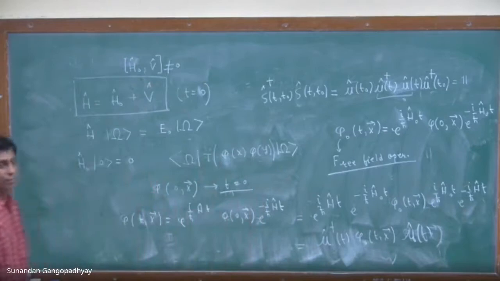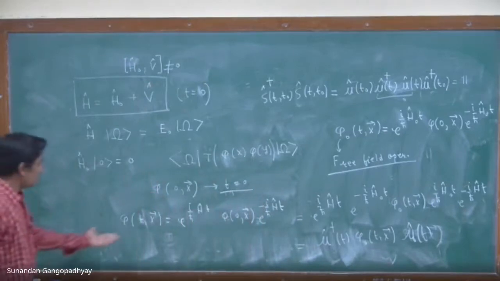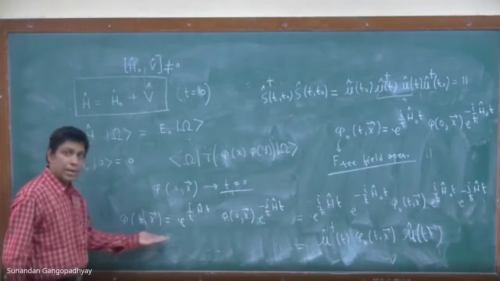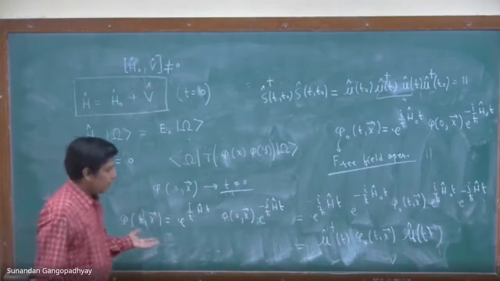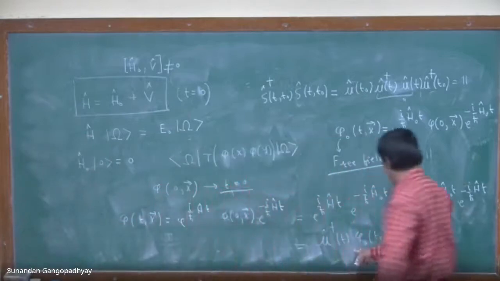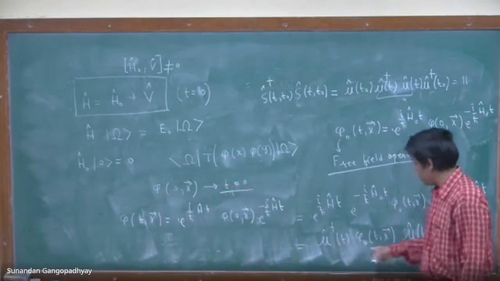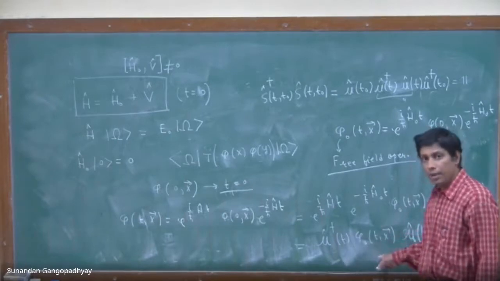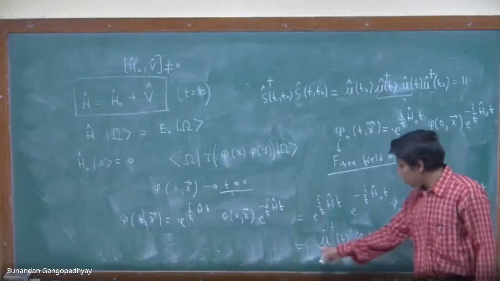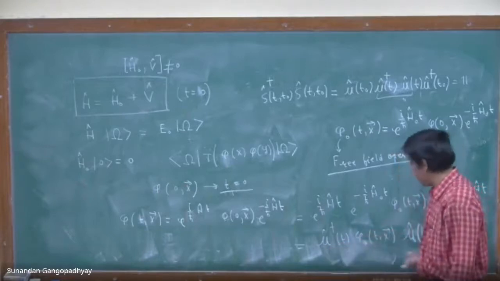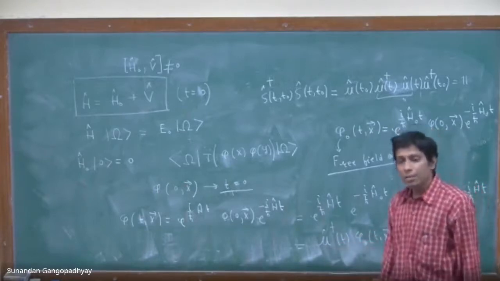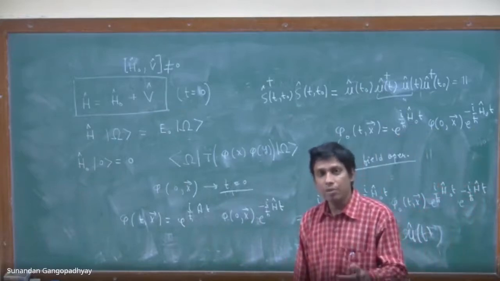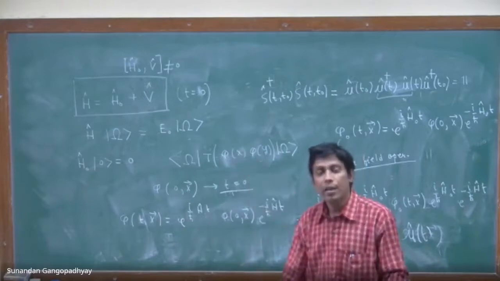So now you can see that this operator in the Heisenberg picture, which is time dependent, has been expressed in terms of free field operators, that is operators which evolve via the free field Hamiltonian H hat naught, and also operators which evolve via the interaction Hamiltonian, or interacting part of the full Hamiltonian, that is V hat, in the interaction picture.